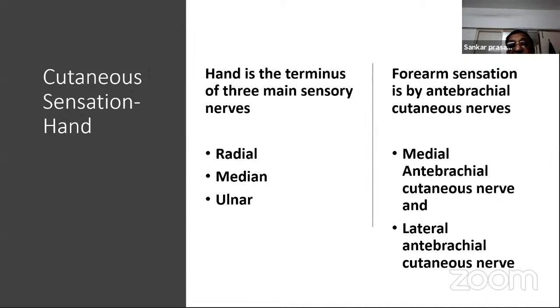Whereas the forearm sensation is by the antebrachial cutaneous nerves, the medial antebrachial cutaneous nerve and the lateral antebrachial cutaneous nerve. When we start drawing the diagram of the brachial plexus, which is coming in the next few slides, then you will realize how easy it is to remember them.